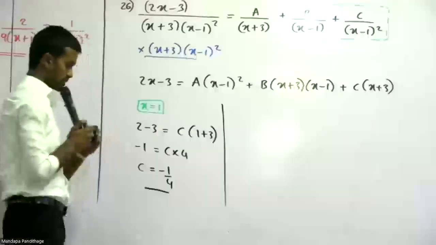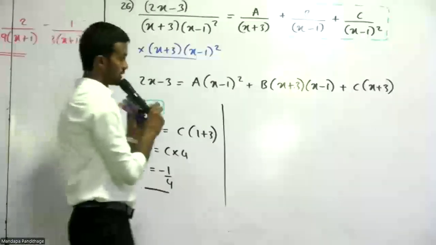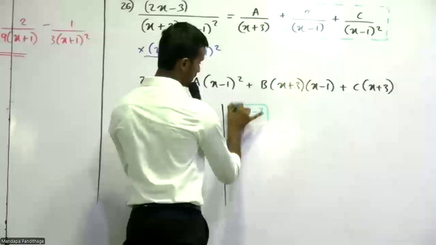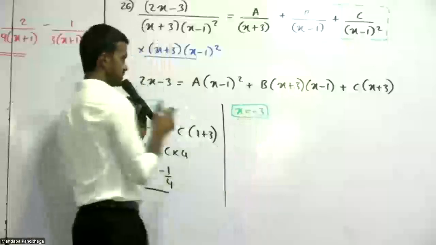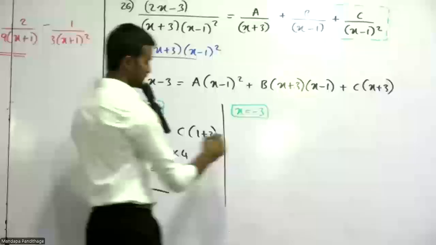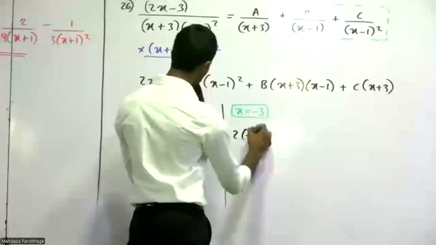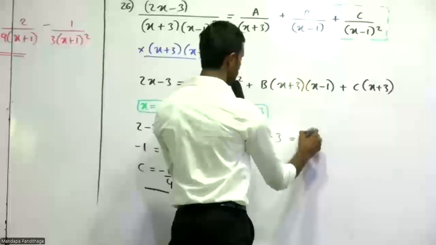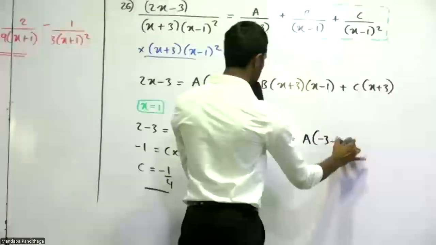Then you can put x equals minus 3. So when you put x equals minus 3, it's 2 into minus 3, and this becomes 0, this is 0. Minus 3 minus 1 squared.